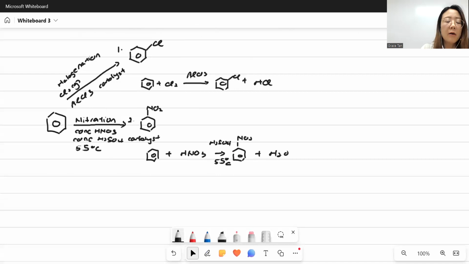Now from the first equation, halogenation, and the second one, nitration, if you look at the reagent and condition used, you realize there's something repeating here: catalyst. The first one requires an AlCl3 catalyst. The second one also requires a catalyst, but it's concentrated H2SO4.